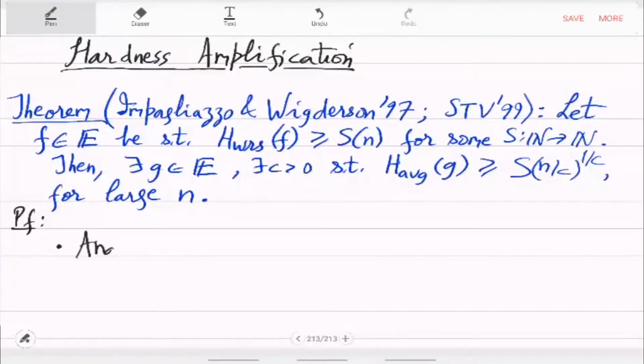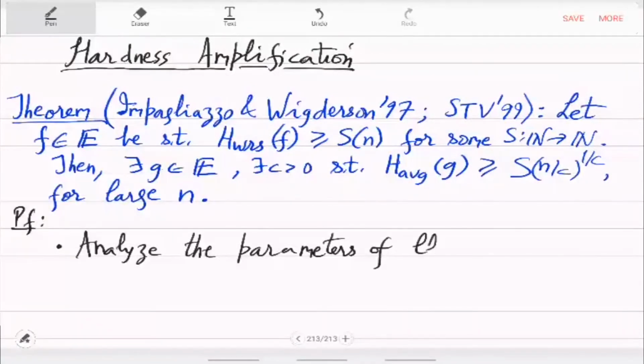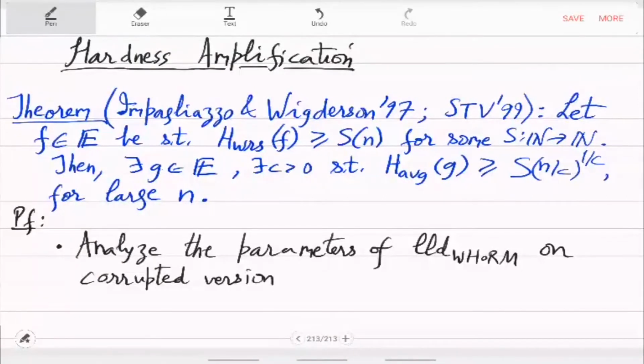So analyze the parameters of the local list decoder of Walsh-Hadamard, Reed-Muller on a corrupted version of Walsh-Hadamard, Reed-Muller applied on the truth table of f.